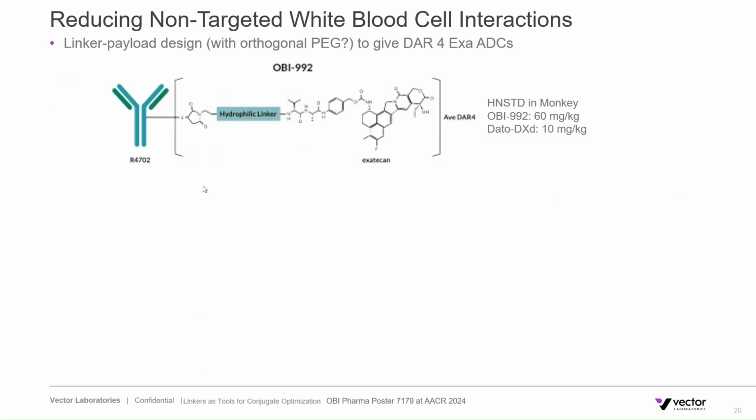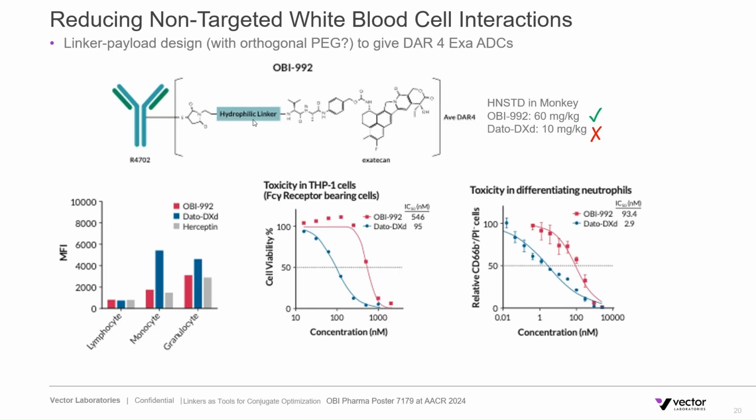This is another clinical candidate from OBI Pharma, and they demonstrate that non-targeted white blood cell interactions can be reduced. They don't disclose the nature of the linker, but it could be similar to the previous example. When evaluated against Dato-DXd, it was found that it had a more favorable safety profile in monkey, and it also had reduced interactions with white blood cells. And this can indicate a lower risk of myelosuppression later on in clinical trials.